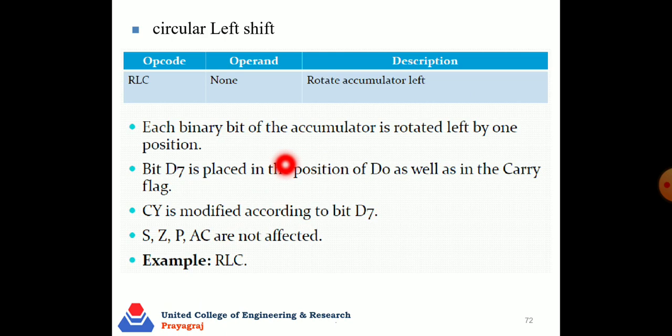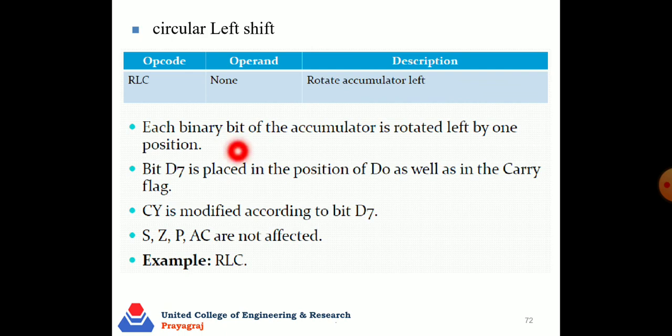Similarly there is RLC. The full form of RLC: R stands for rotate, L stands for left, C stands for without carry. So rotate accumulator left without carry. The difference between RAL and RLC is that in the shifting procedure of RLC, the carry flag does not take part in the shifting.